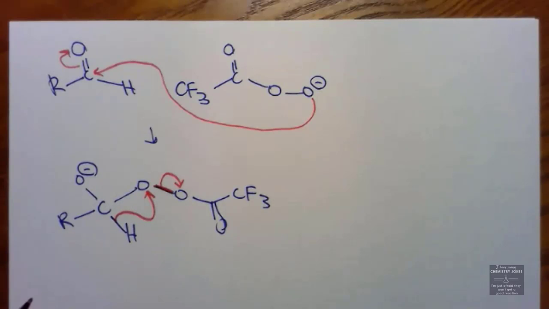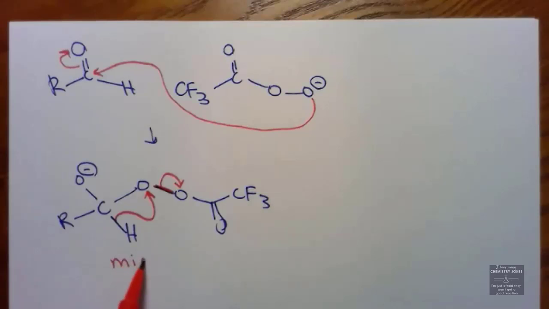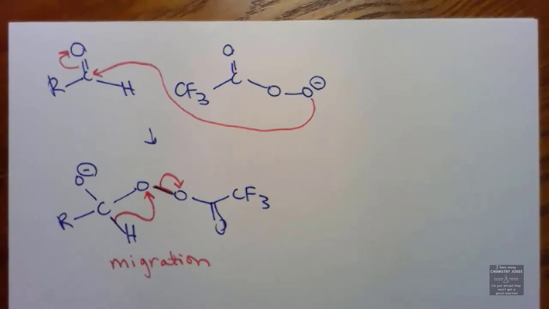This is kind of like we're doing a hydride shift to a carbocation, except this is oxygen that we're doing the hydride shift to, and we never officially form an oxygen without an octet. We call this step a migration most of the time in this Baeyer-Villiger oxidation. So the hydride can migrate next door.